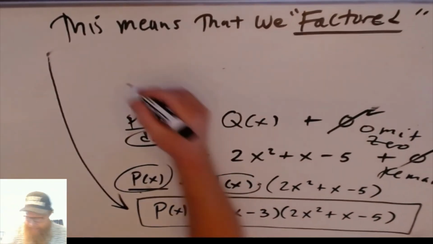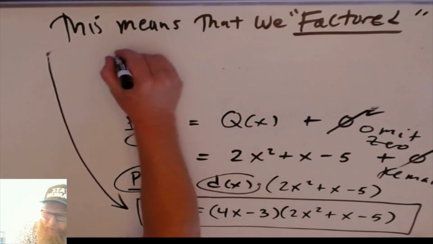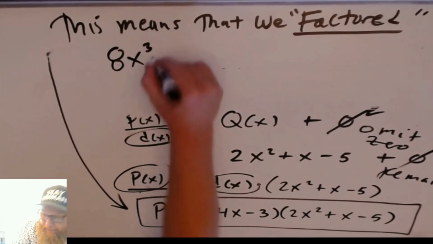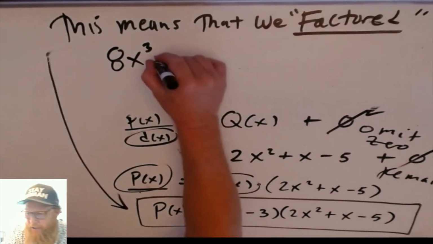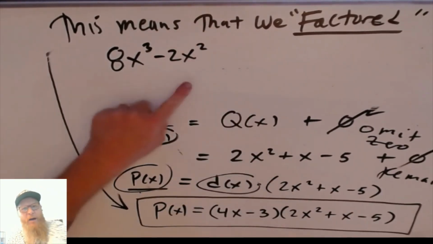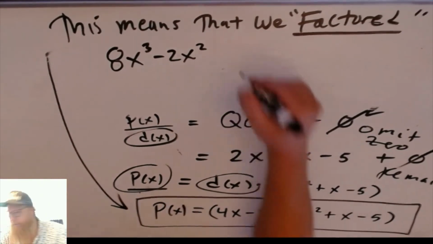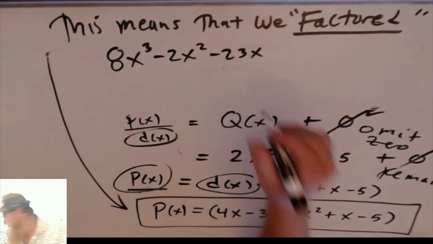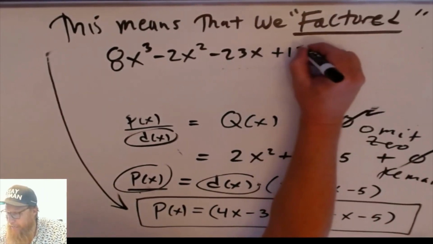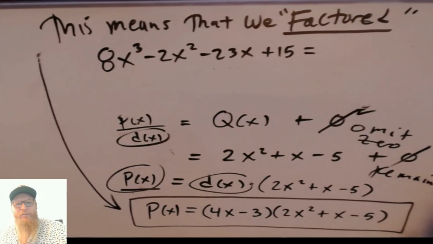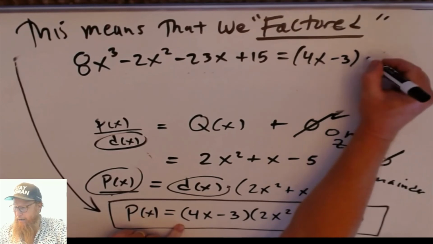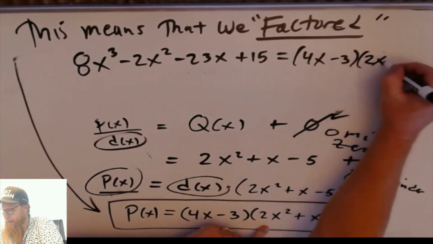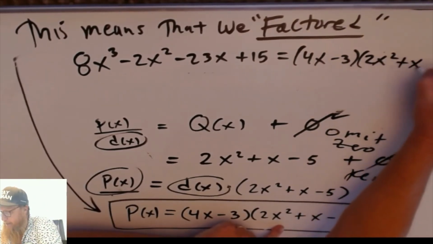And so that means that our original polynomial, remember what P of x was, by the way? I've just been writing P, but it's actually 8x cubed minus 2x squared minus 23x plus 15. Remember, it's the original dividend that I wrote down. It is equal to 4x minus 3 times 2x squared plus x minus 5.